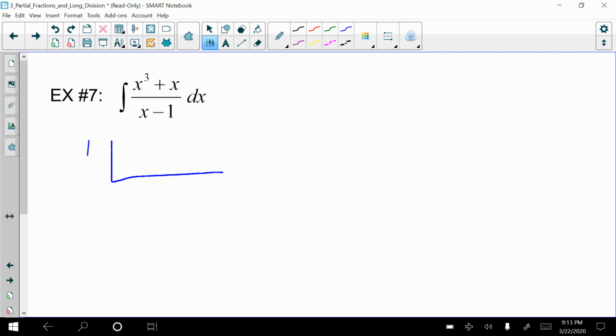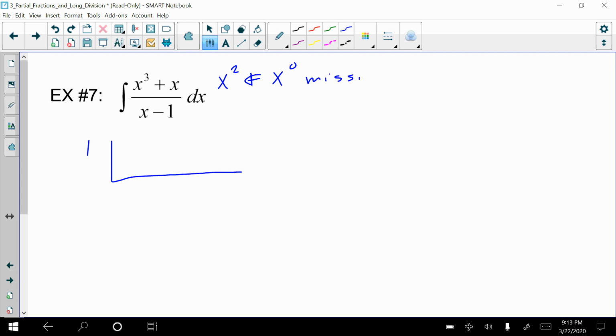Now whenever I do long or synthetic division, we do have to make sure that we check if any exponent values are missing, and we have to incorporate those if they are. So x squared and x to the 0 power, where our constant would be, both of those are missing.